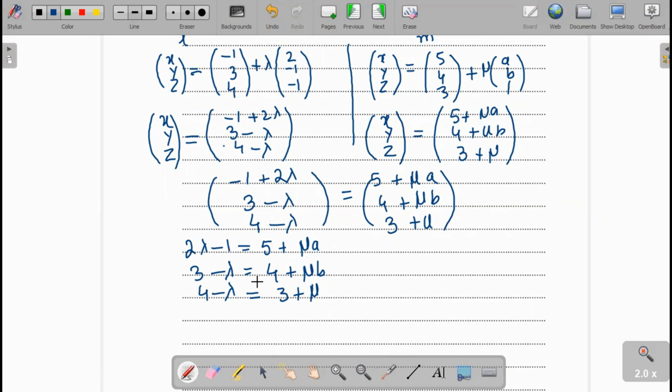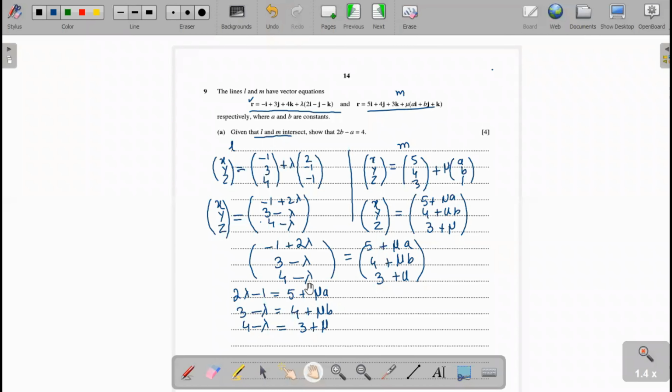If it satisfies, then these two lines intersect each other. Now we have to show that b minus a equal to 4, and given that these two lines intersect, we find the values of lambda and mu and put them in the third equation. It should satisfy the third equation because the lines intersect.